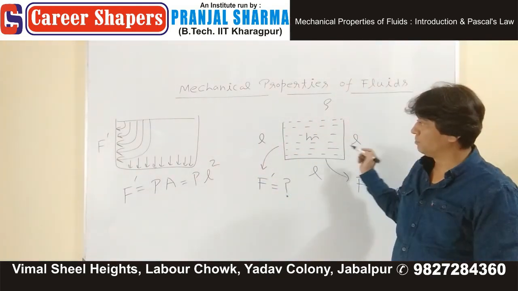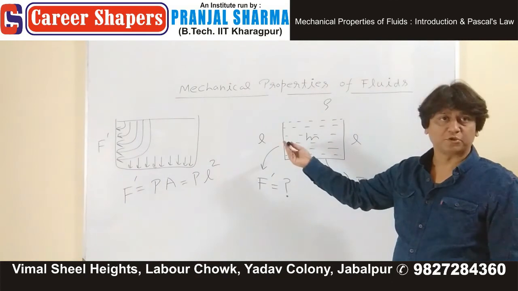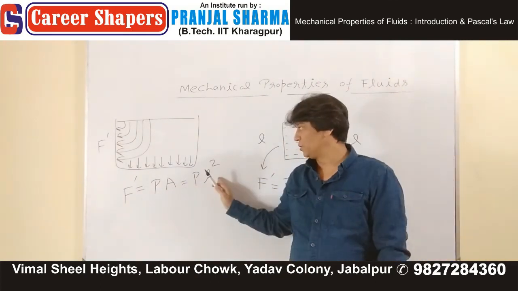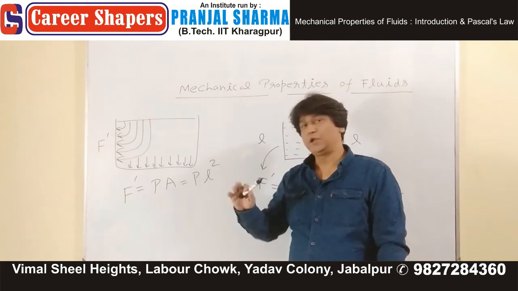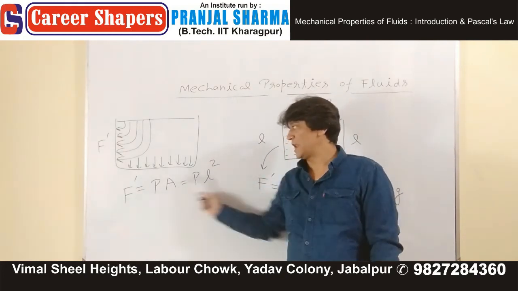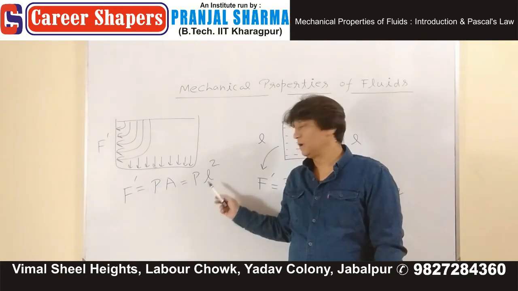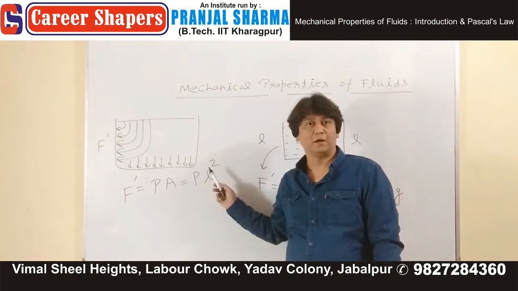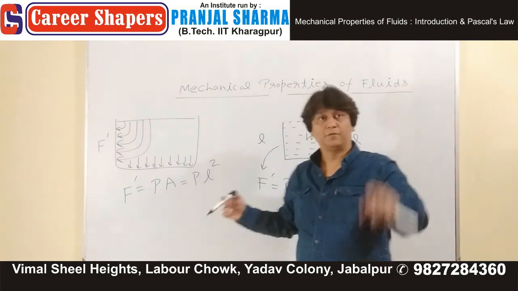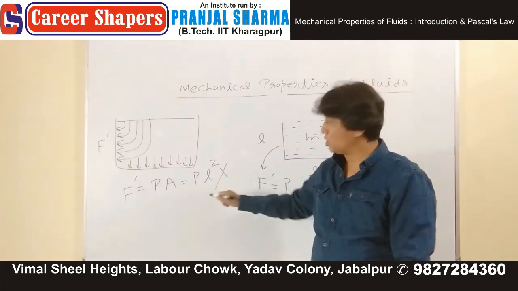This is a cube, this is L, the depth is also L this way, and therefore pressure into L square. I need to find P. The point is, can I use P into A, or simply P into L square, force as pressure into area? Can I do that? The answer is no.